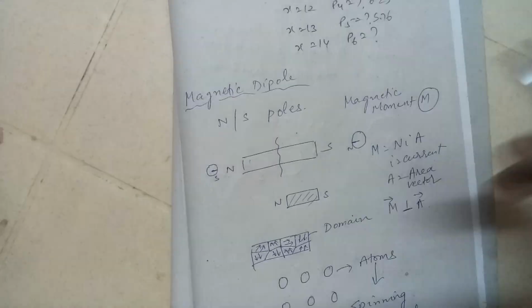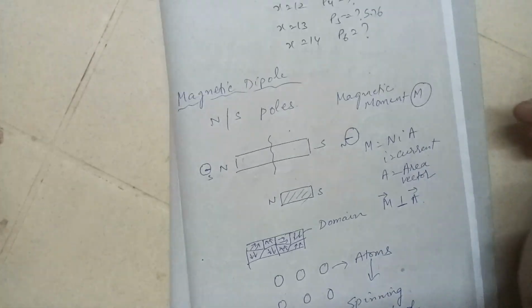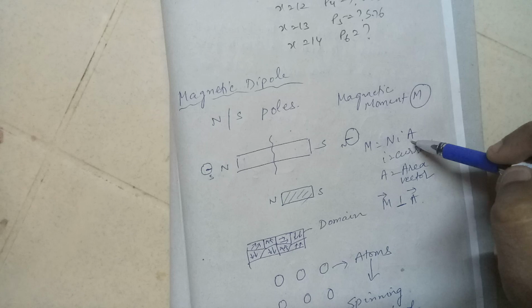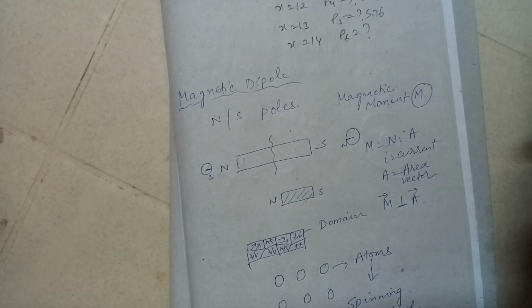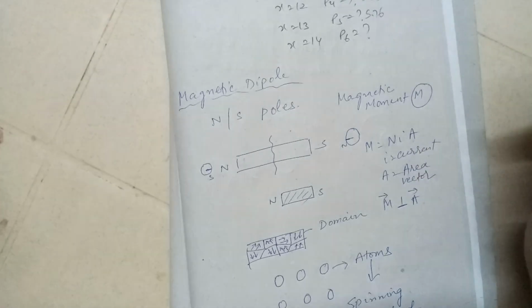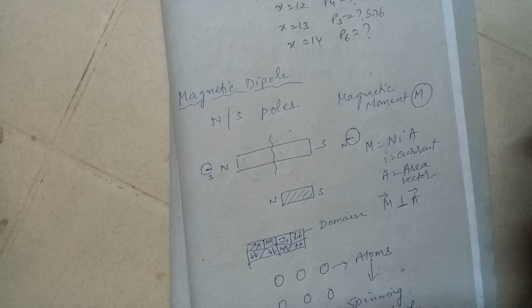So how do we get this magnetic moment? It is obtained by NIA. I is current, A is the area, and N is the number of loops. Here this area vector is perpendicular to the plane of the loop. See, the loop definitely will be having some plane.